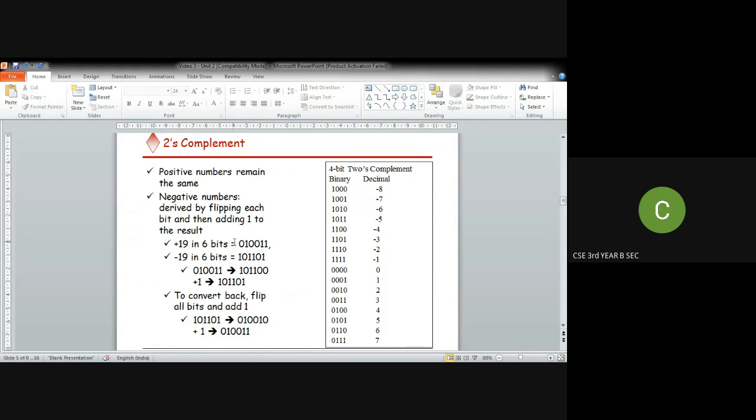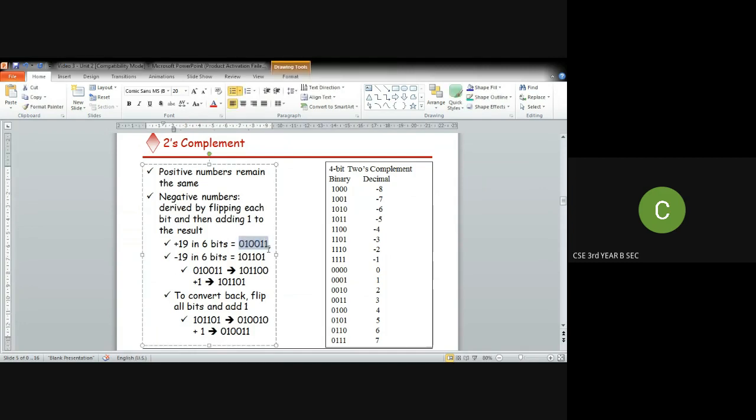Now look at here, plus 19 and minus 19. As we have seen, the equivalent binary value of plus 19 is 0 1 0 0 1 1. For minus 19, in order to represent it in ones complement, we make zeros into ones and ones into zeros, so we get 1 0 1 1 0 0.